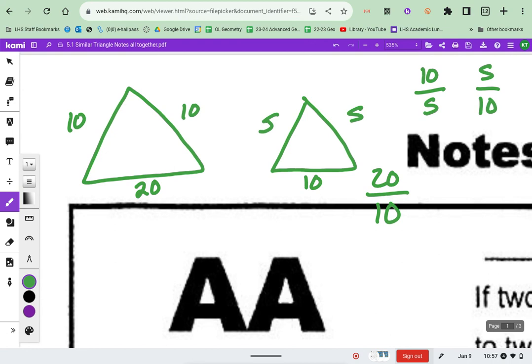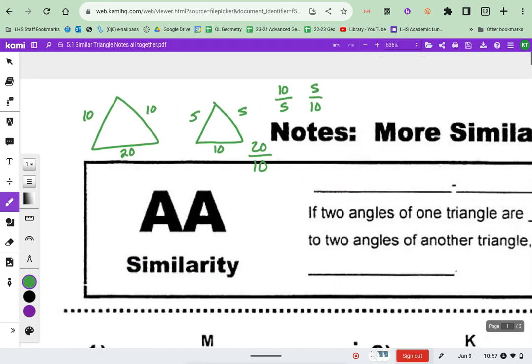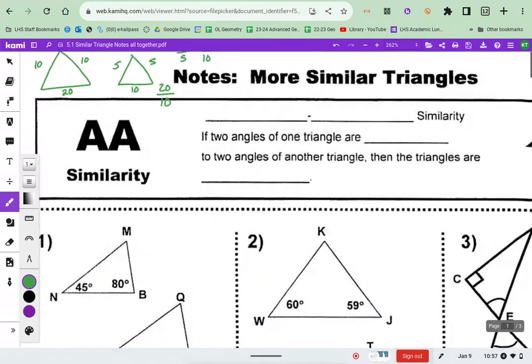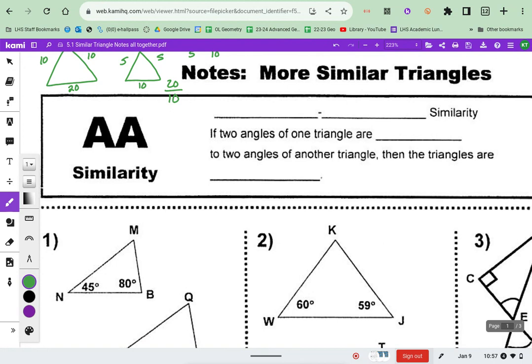So we have 3 different ways of proving that triangles are similar to each other. And the first one is with angle-angle similarity. So this says that if 2 angles of one triangle are congruent to 2 other angles of the other triangle, then the triangles are similar. So this guy is angle-angle similarity.